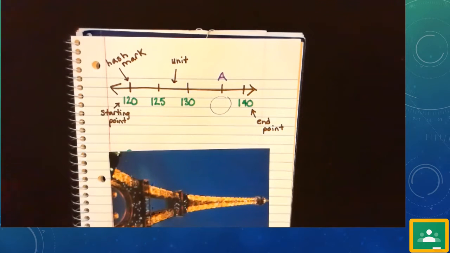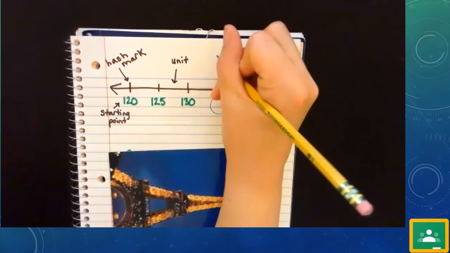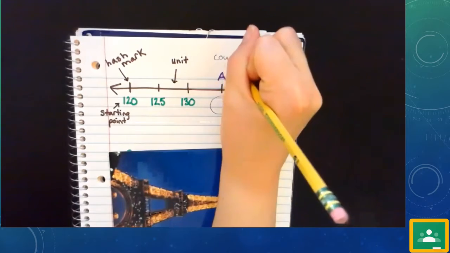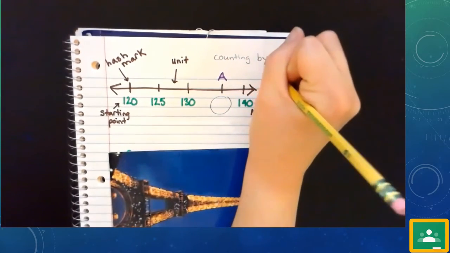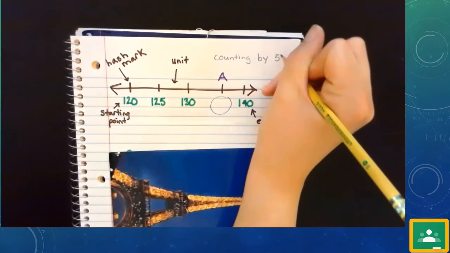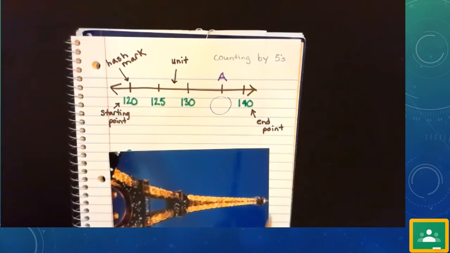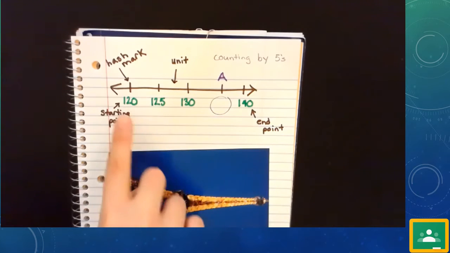So looking at all of this information and noticing my units, I can tell that the units are counting by fives. That's the pattern. So if I want to figure out what letter A is, I could solve it a couple different ways.